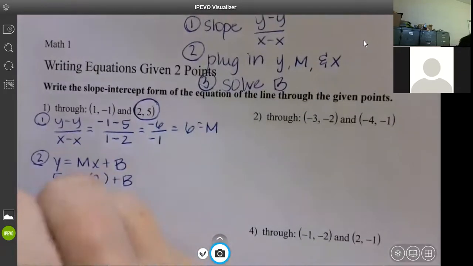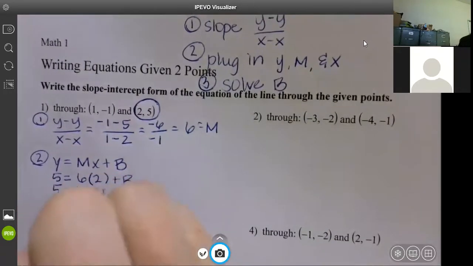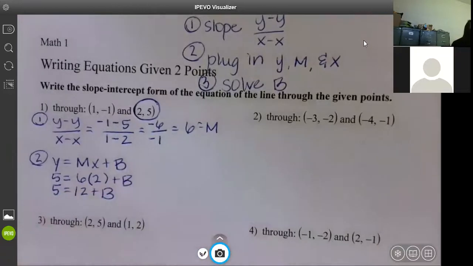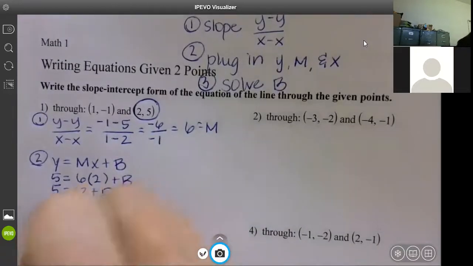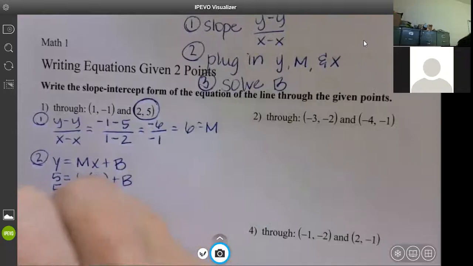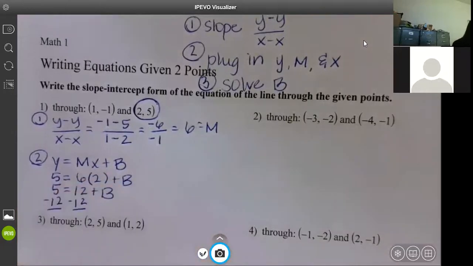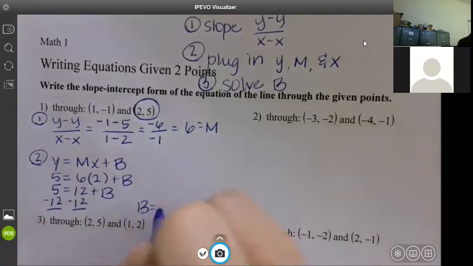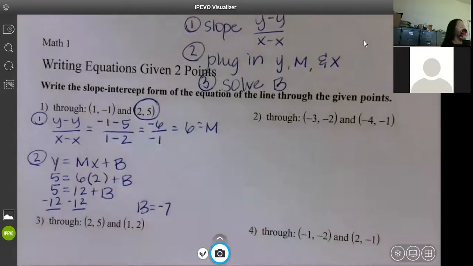6 times 2 is 12. And then to get b by itself, I can subtract 12. I get b equals -7. You guys can do that in your calculator. Don't stress too much about that.